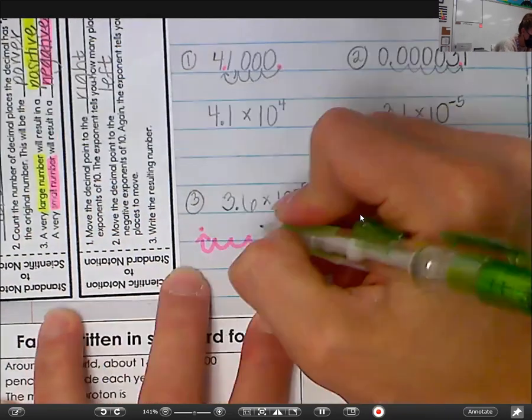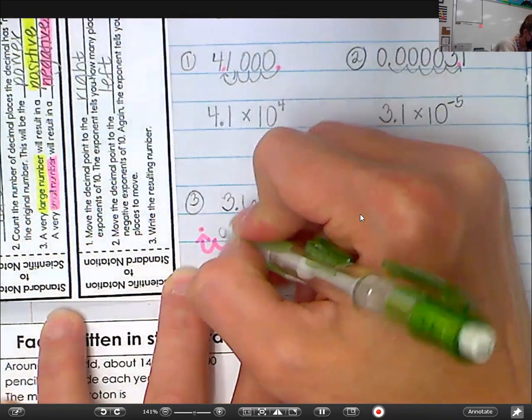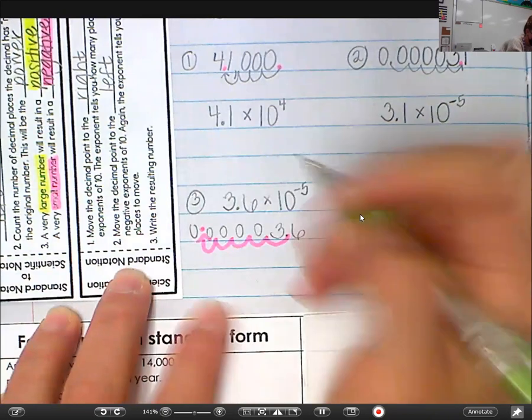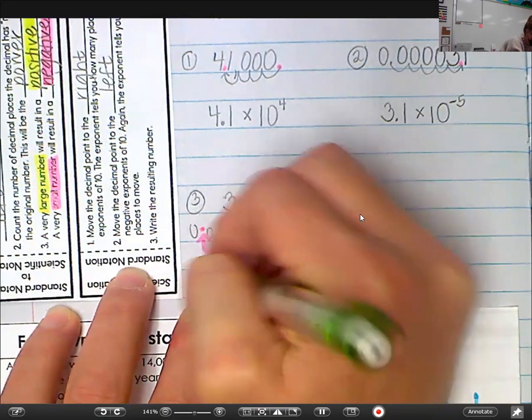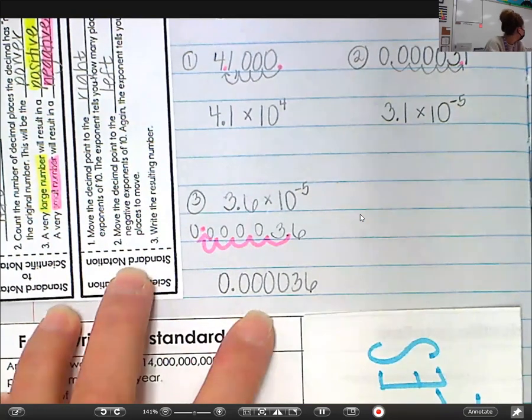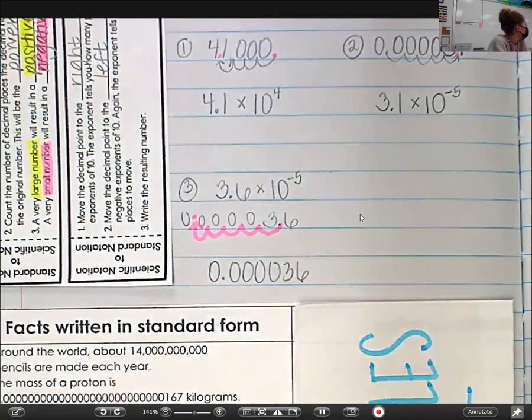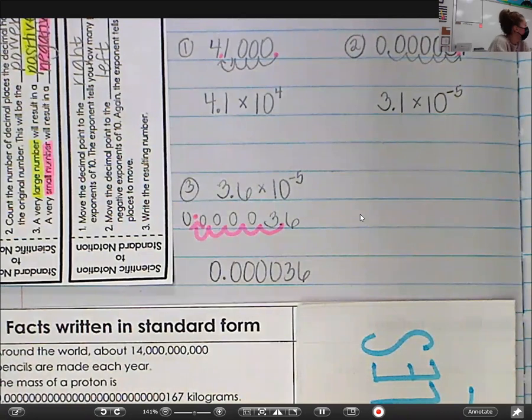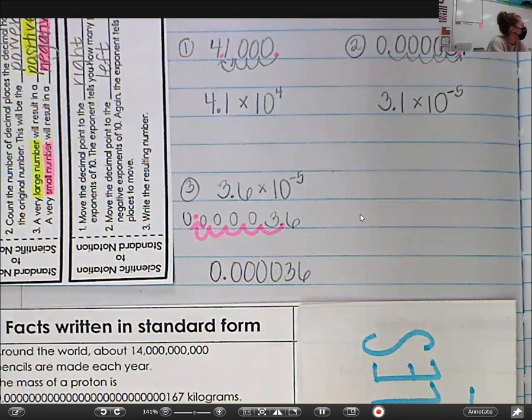And I'm going to fill in zeros. And then I'm going to rewrite this number so it looks pretty. You should have 4 zeros, and then a 36. Again, left because it needs to get small.